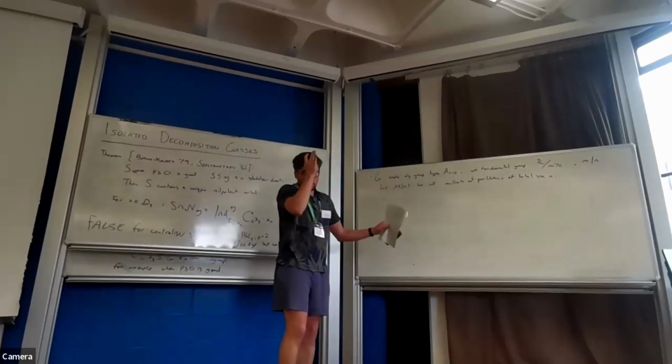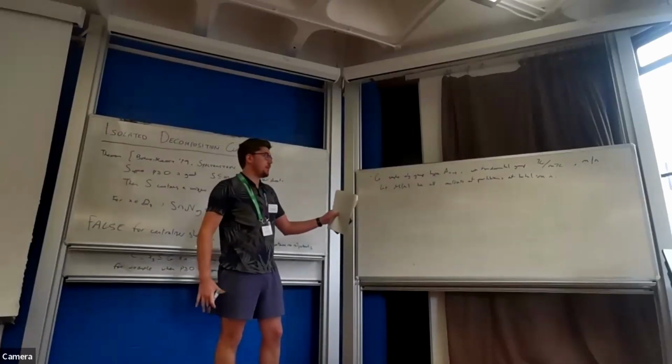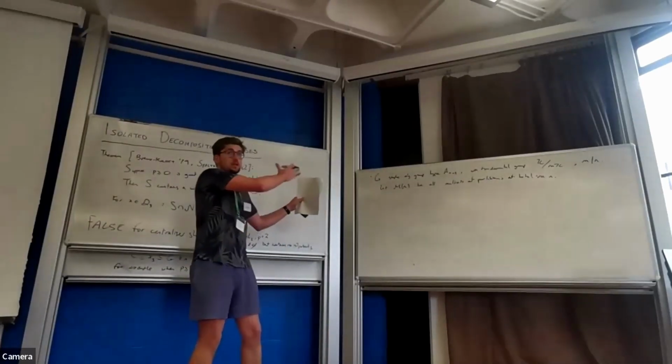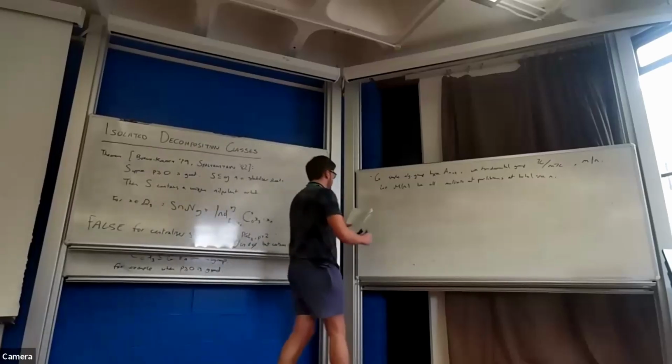So that's all unordered collections of partitions allowing for repetitions. So if you add up the sizes of all the partitions, you get n.